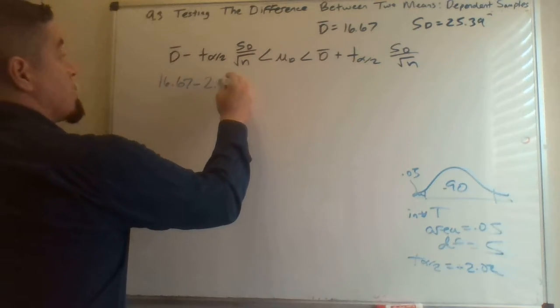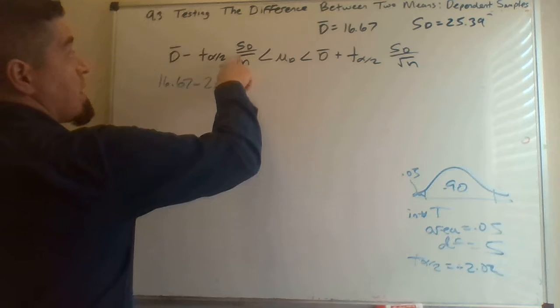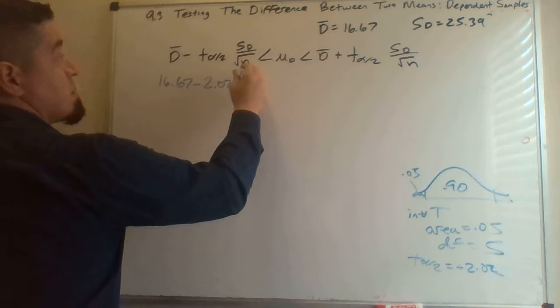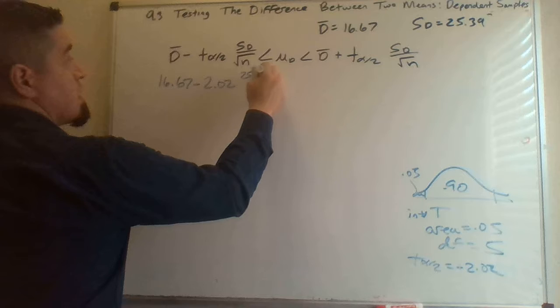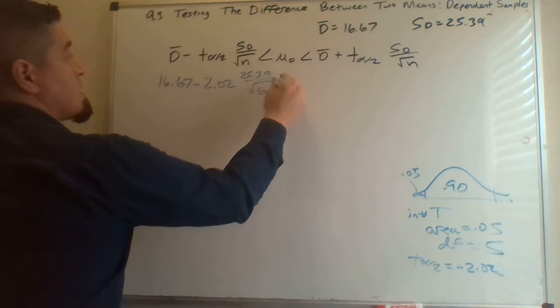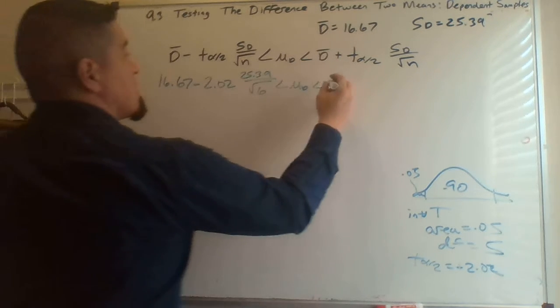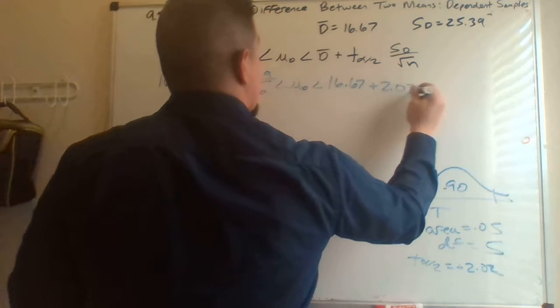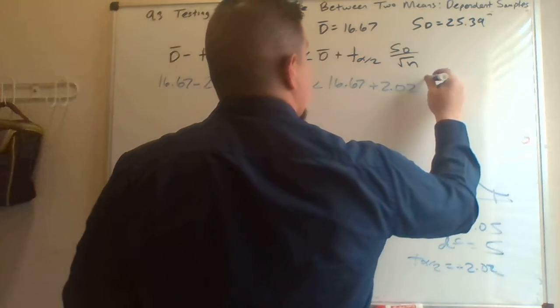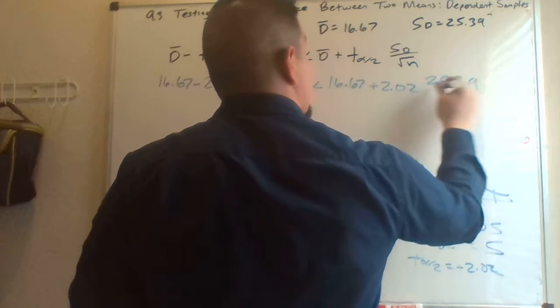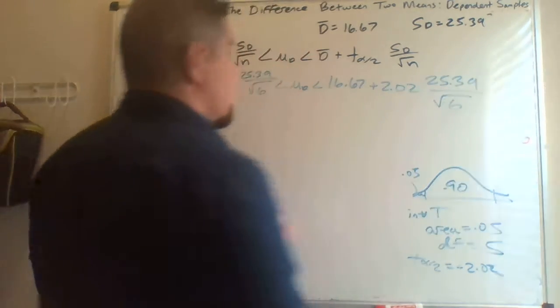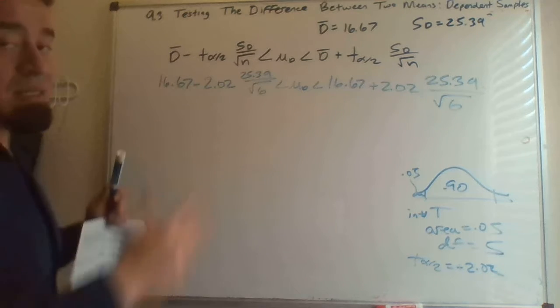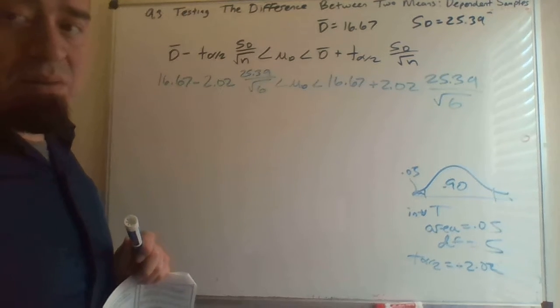So 2.02 times the standard deviation of the differences, 25.39 over the square root of 6, less than the mean difference, less than the same thing, 16.67 plus 2.02 times the standard deviation of the differences, 25.39 over the square root of 6. Input this into your calculator and you'll get your result.